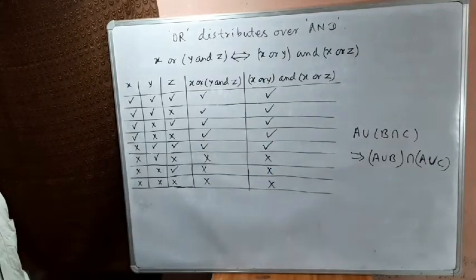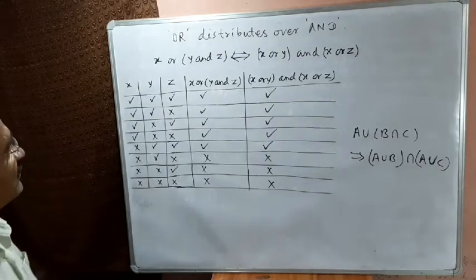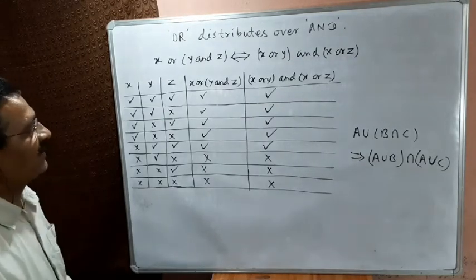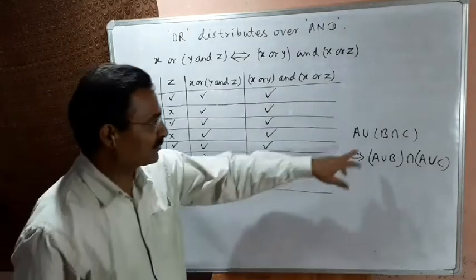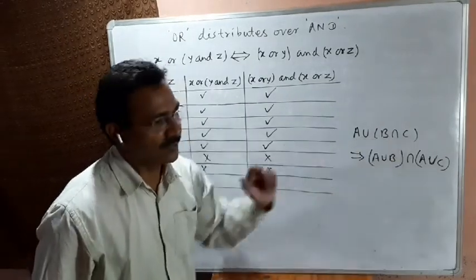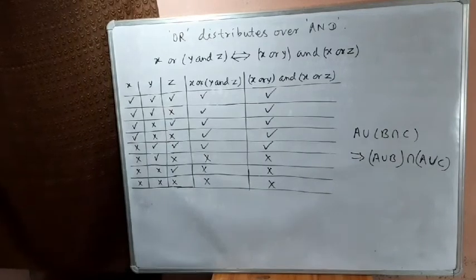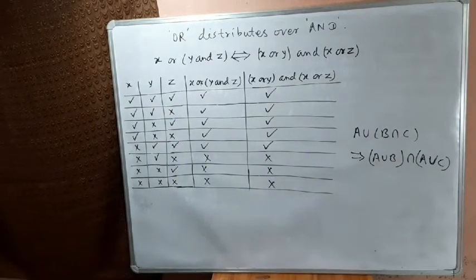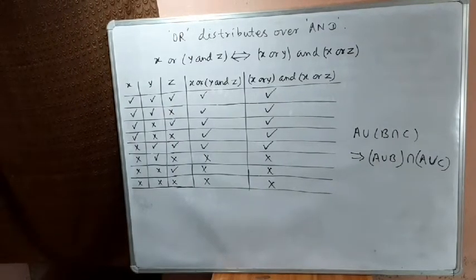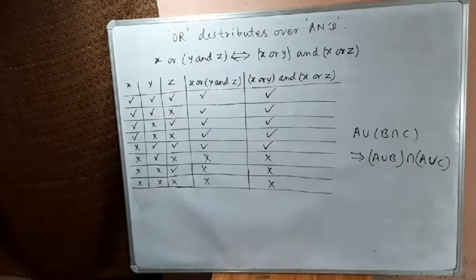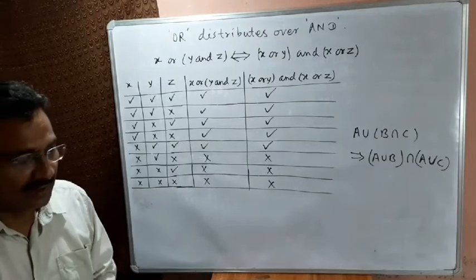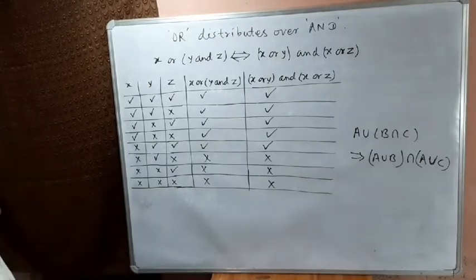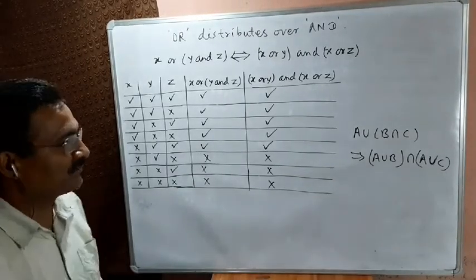Okay. So I made you understand operation of or distributes over and with the help of this concept, we concluded that operation of union distributes over operation of intersection. We will see some more things like this which will be beneficial in problems, proving some results without using a Venn diagram.